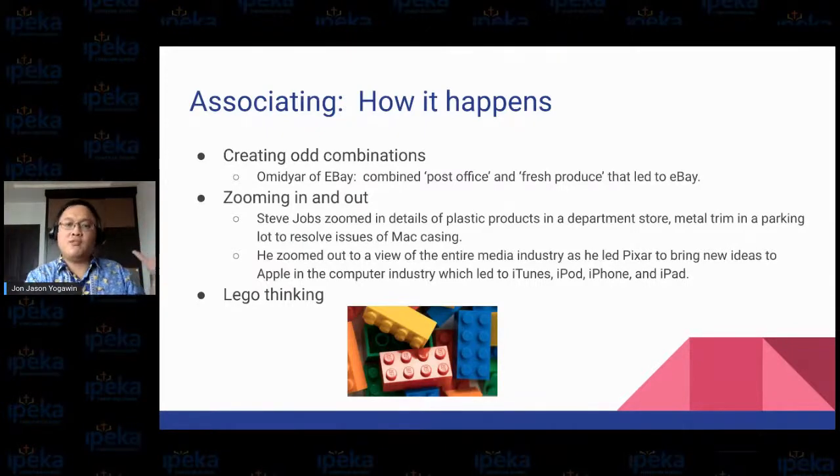So Steve Jobs zoomed in to details of plastic products in a department store, and when he was out in a parking lot, he looked at the metal design on a car. This led him to the plastic casing that we have right now for MacBooks, and the metal design and everything that make up Apple's hardware.